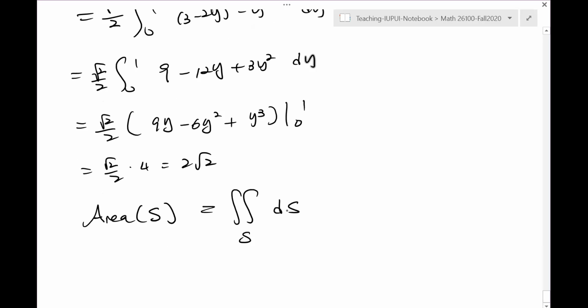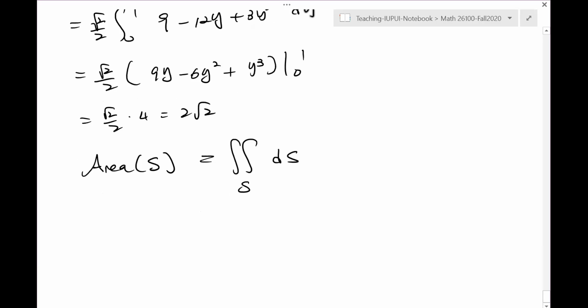You can use this to find the area, and we already have this. It's going to be the double integral over the triangle D of square root 2 dA. So you just need to find the area of the triangle in the base.